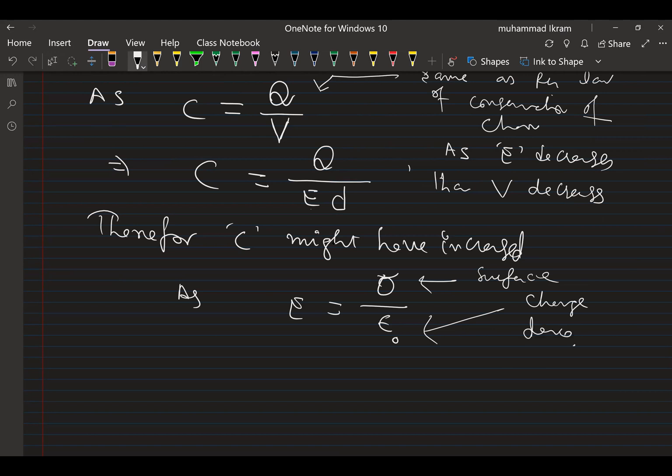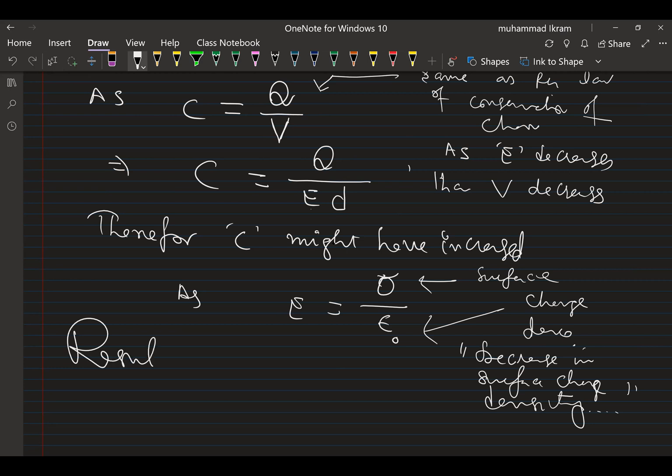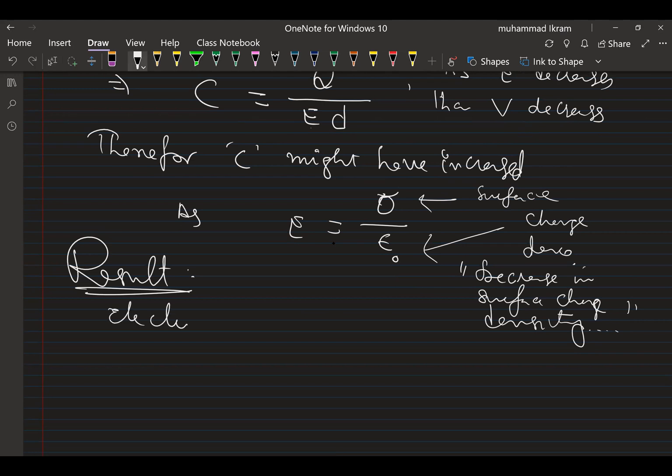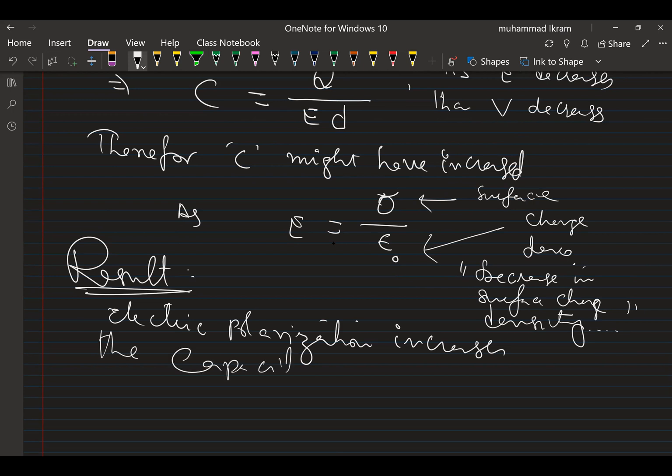So E decreasing means a decrease in surface charge density, which means more space for the charge to store. So that is one of the reasons. Another result is that electric polarization increases the capacitance of the capacitor.